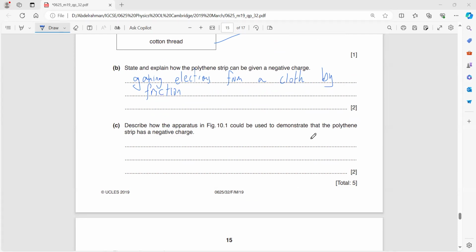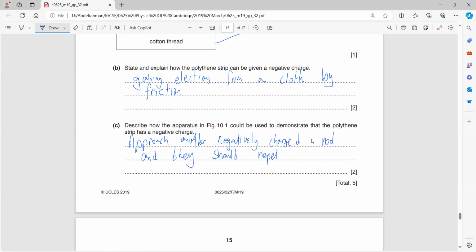Bring another negatively charged rod, for example, near it, and they should repel. Yeah, and they should repel. Okay.